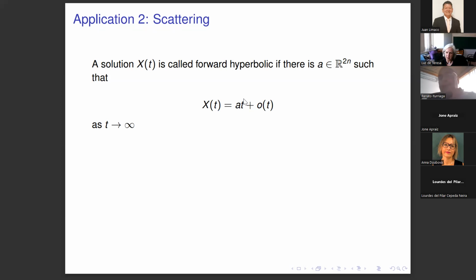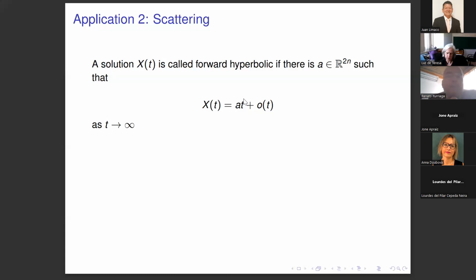I'm just exaggerating to give you the idea that if things are far away, like a couple of flies far away, and they go to infinity, they will barely notice the existence of the other flies. So they just go with linear velocity plus a little perturbation.